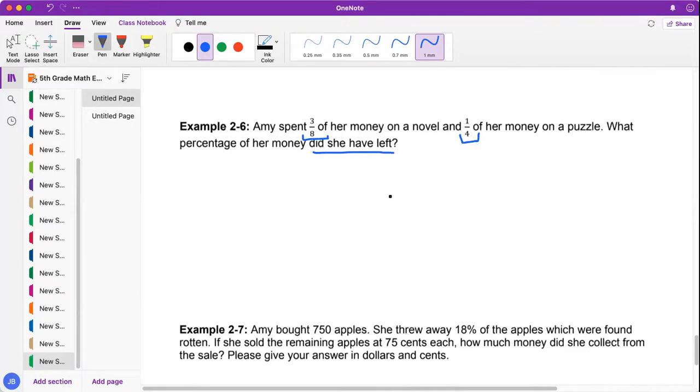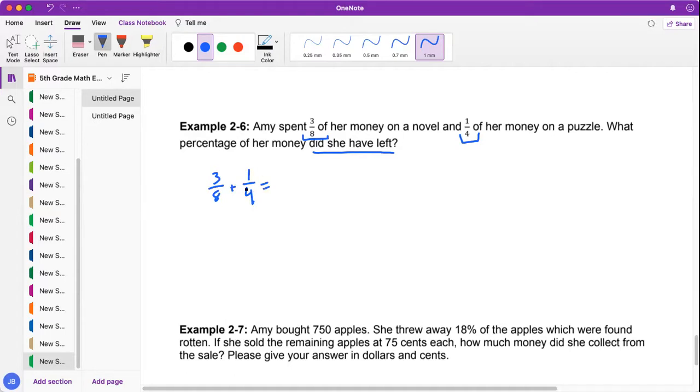Yeah, so I don't know if there's an easier way to do this, but what I would do is 3/8 plus 1/4, and then I would turn whatever that answer is into a decimal, so I can make it into a percent.